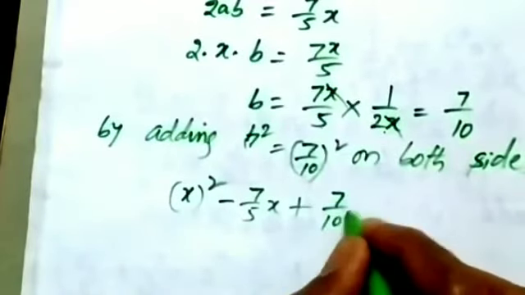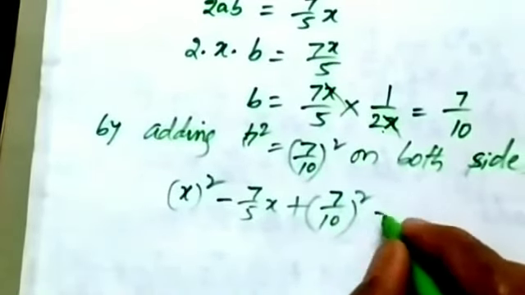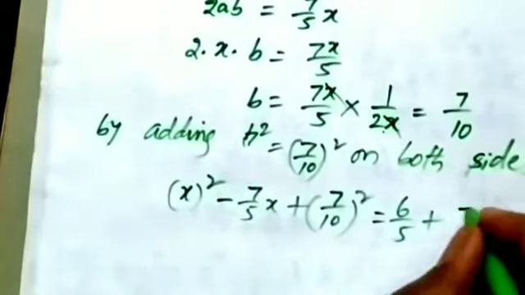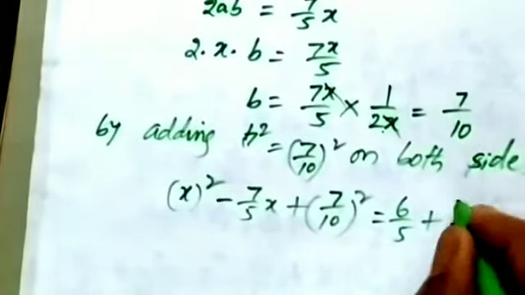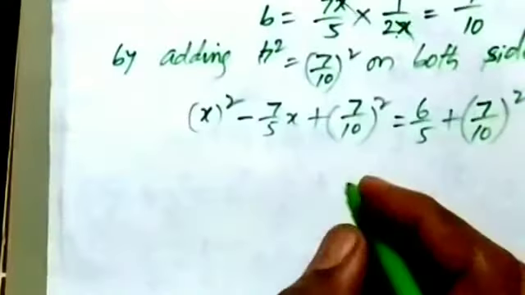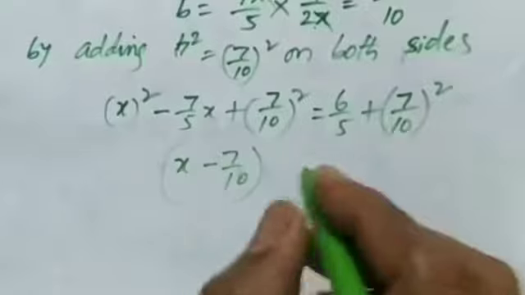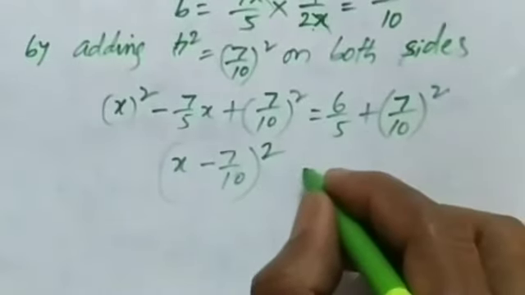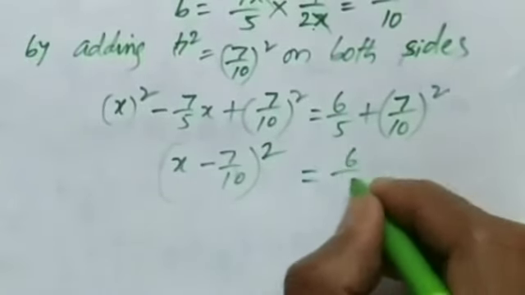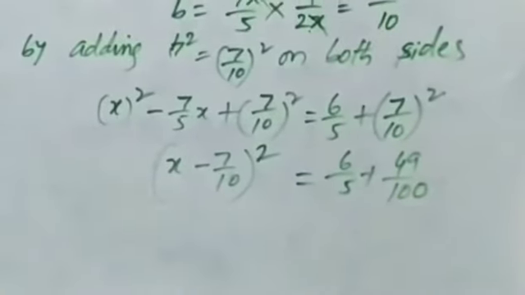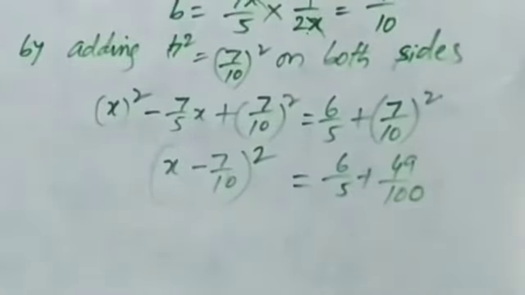Next we have to add 7 by 10 whole square. Only the square term is added on both sides. 6 by 5 plus 7 by 10 whole square. So this becomes a perfect square. X minus b whole square, x minus 7 by 10 whole square equals 6 by 5 plus 49 by 100.